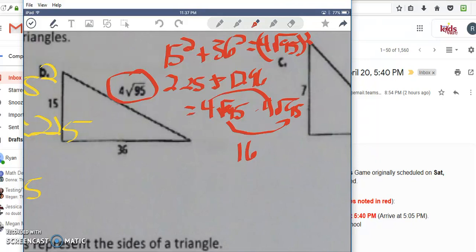And the inside times inside: anytime you multiply a square root times itself, it's just going to be that number. So if you have the square root of 95 times the square root of 95, it comes out as just 95.